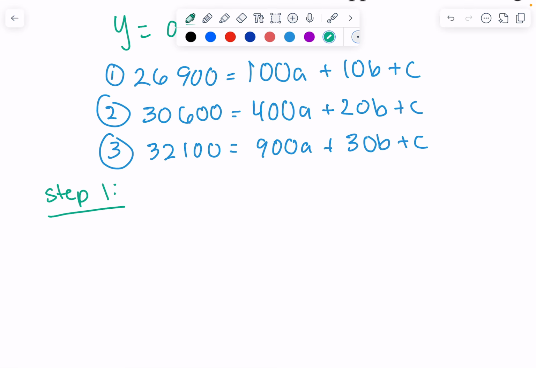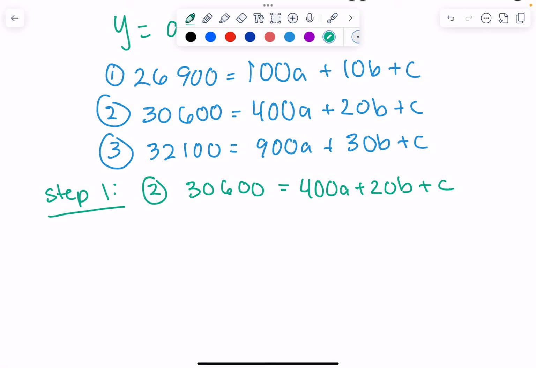So I'm going to use equation 2, and I'm going to leave it as is. And I'm going to take equation 1 and multiply it by -1. So that makes it negative 26,900 minus 100a minus 10b minus c.